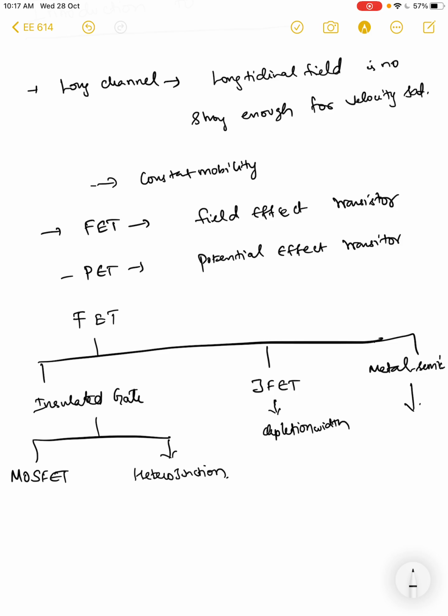In the metal semiconductor, it is insulated by a Schottky contact. And when it is insulated by an oxide, you can have two types of things. One is a metal oxide semiconductor. People have moved away from the metal, but still the name remains. And in the heterojunction, you have an insulation by a high band gap semiconductor.